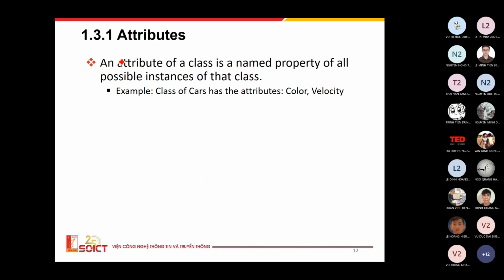And here, one of the two parts of the class is the attribute and the method. Now we talk about the attribute. An attribute of a class is a named property of all possible instances of that class.